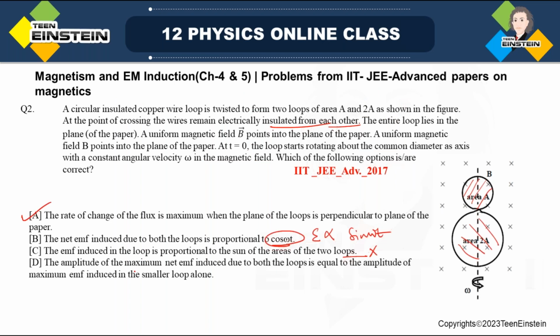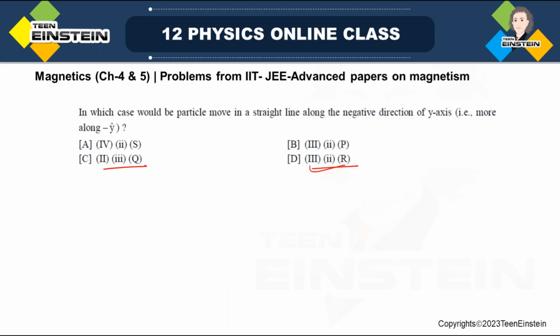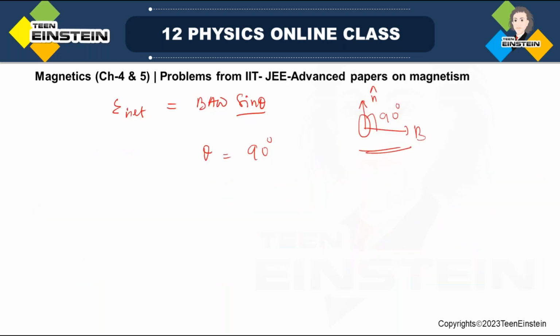The amplitude of the maximum net EMF induced due to both the loops is equal to the amplitude of the maximum EMF induced in the smaller loop alone. This is true because here it will be BA cos of theta, and we have got the net value to be the same.